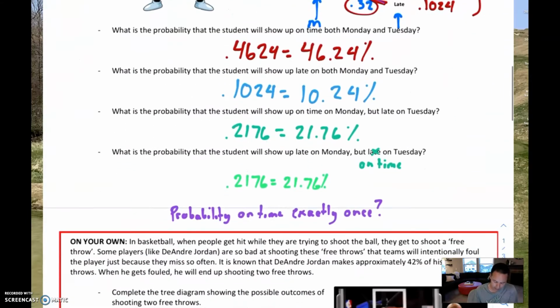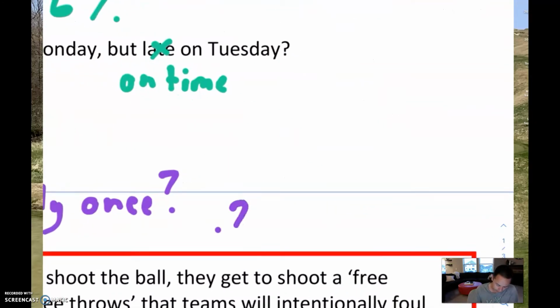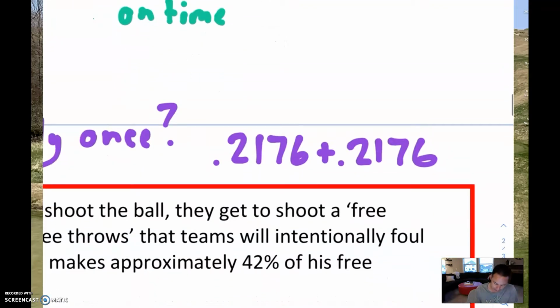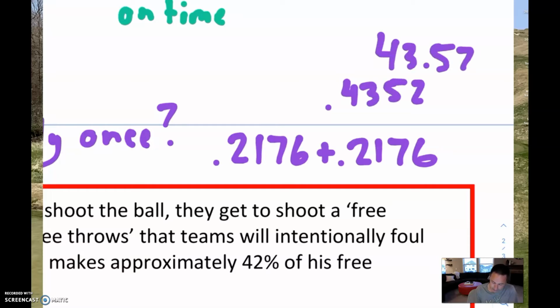So it would be 0.2176 plus 0.2176. Either of them could happen for them to be on time exactly once. If you add those together, you get 0.4352, which is about 43.52%.